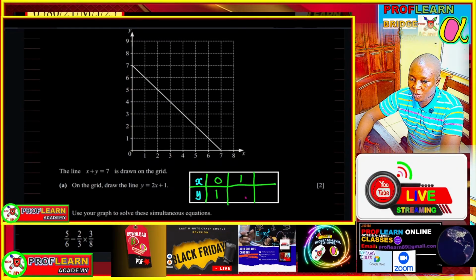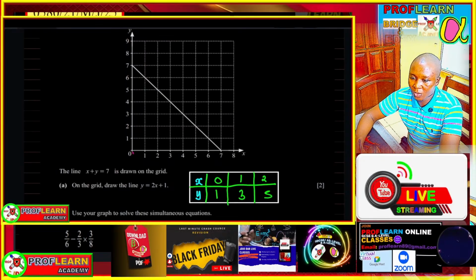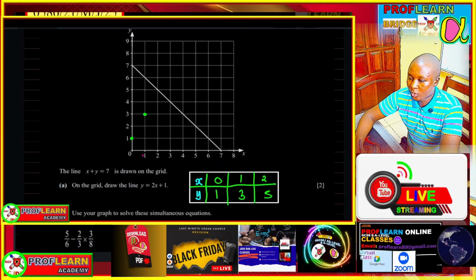If x is 1, it will be 2 times 1 plus 1, which is 3. And when x is 2, that's going to be 5. Then we can plot those points. 0, 1 will be here. 1, 3 will be somewhere here. And 2, 5 will be up here.